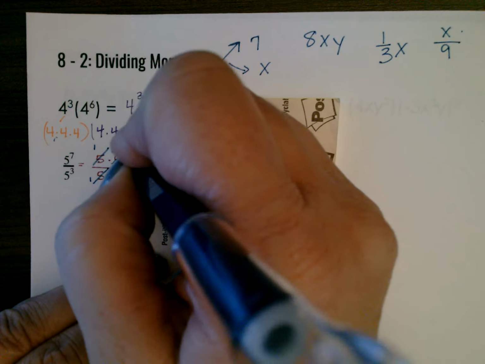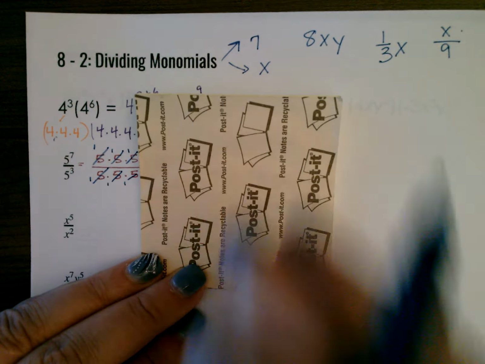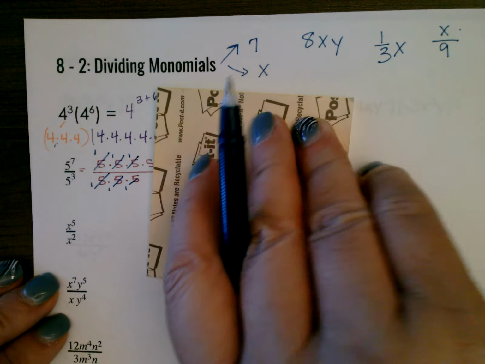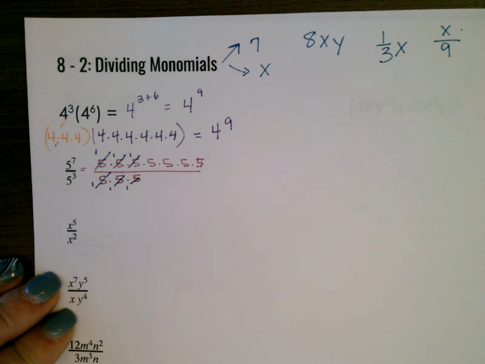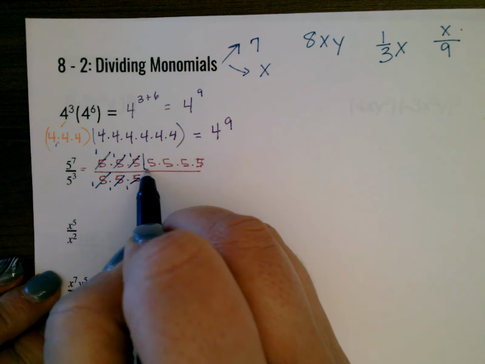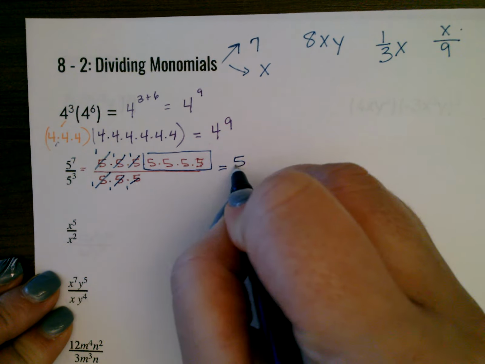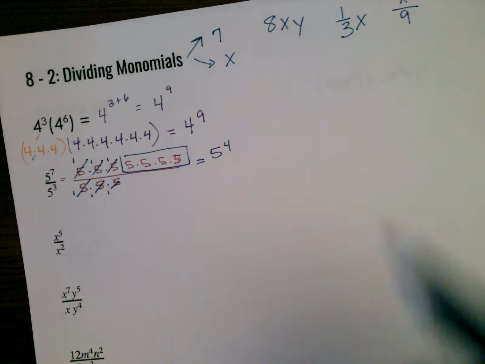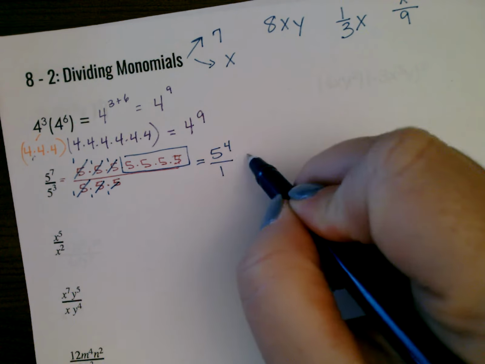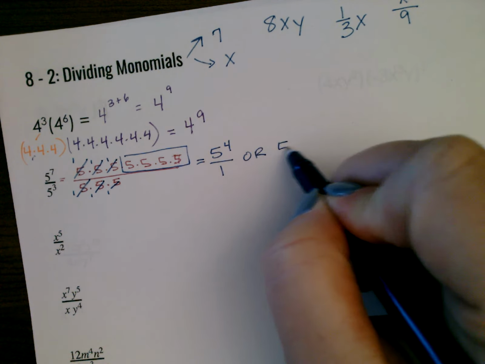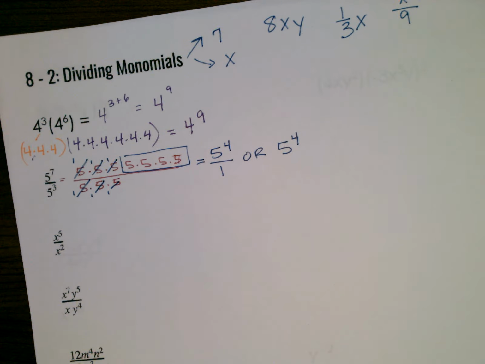Another 5 over 5, again, that equals 1. Now I have run out of 5's in my denominator, so I am left in the numerator 4 5's being multiplied together, so I get 5 to the 4th over 1, or you can simply say 5 to the 4th.